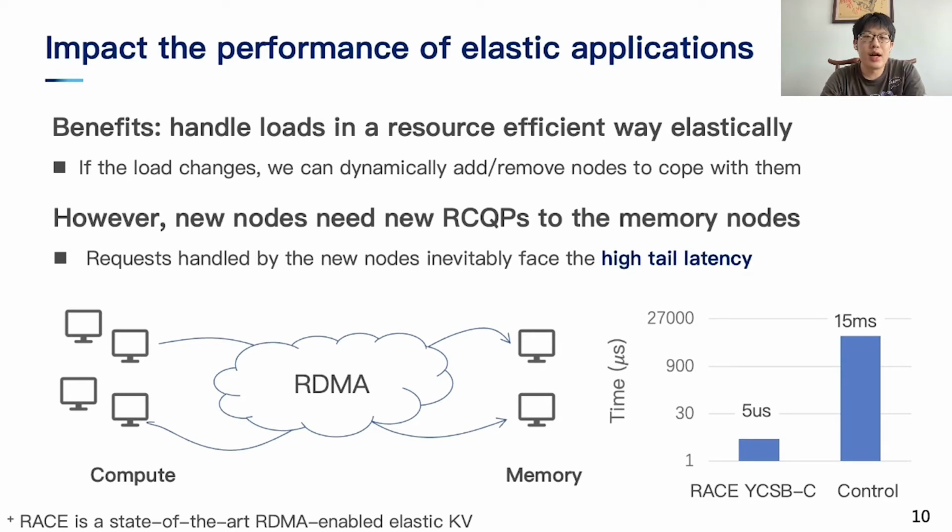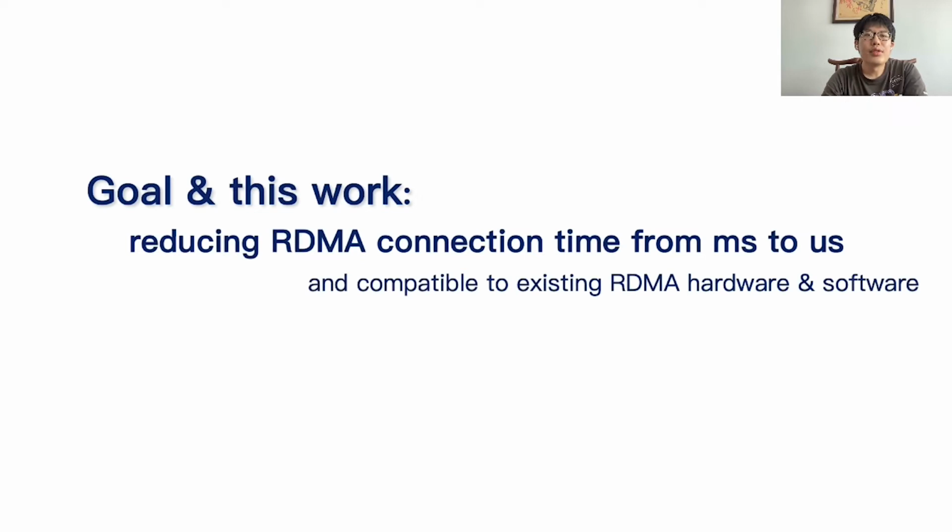Thus, the high connection time of a queue pair would inevitably increase the tail latency, especially under load spikes, which means there's a sudden increase in the load of the applications. So the goal of our work is to provide a systematic solution to reduce RDMA's control path cost from milliseconds to microseconds and be compatible with existing RDMA hardware and software.